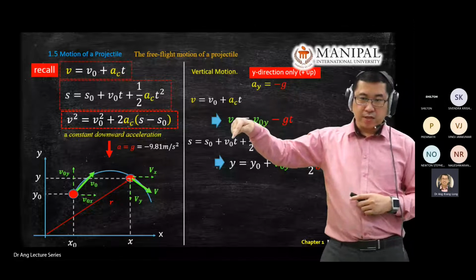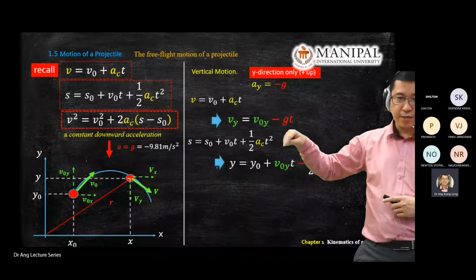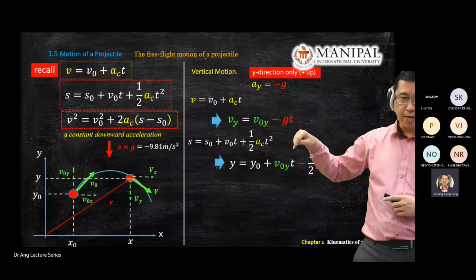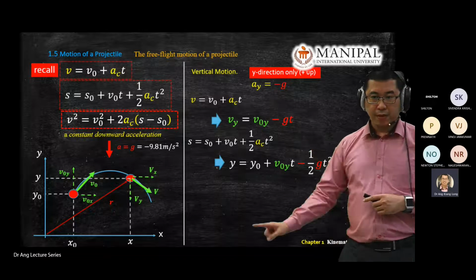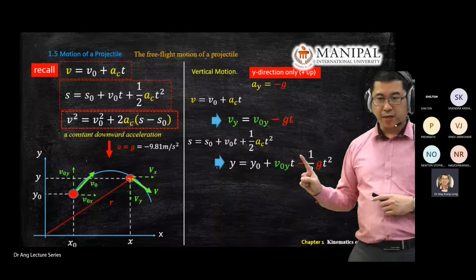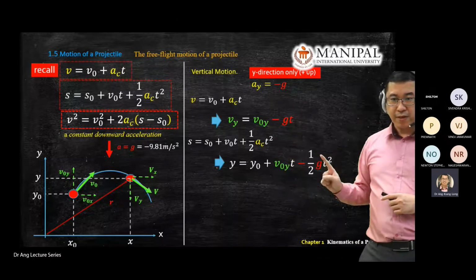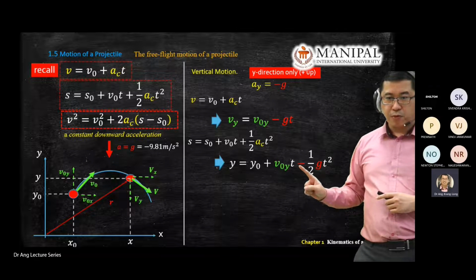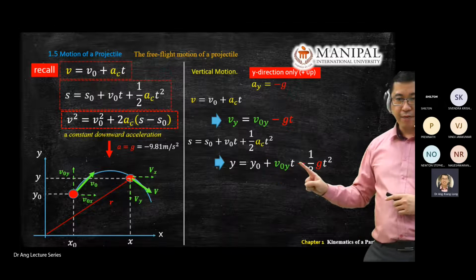V sub 0, you change to velocity in the Y direction. Time you copy because time doesn't have Y and X axis. Positive, half copy. Acceleration becomes negative. Pull the negative outside. Positive becomes negative.